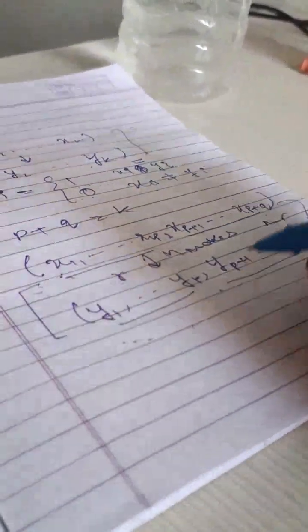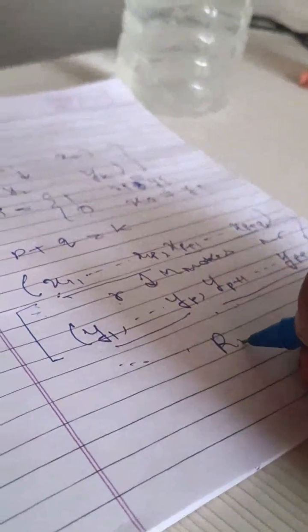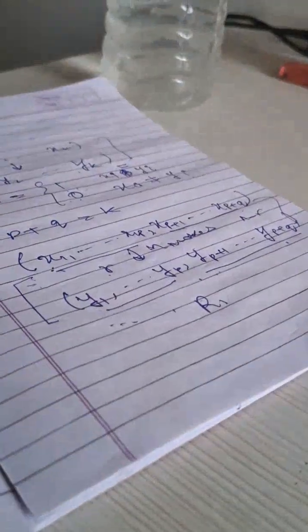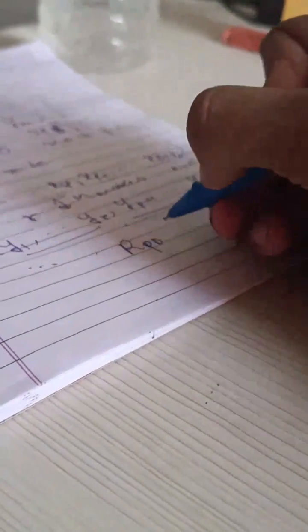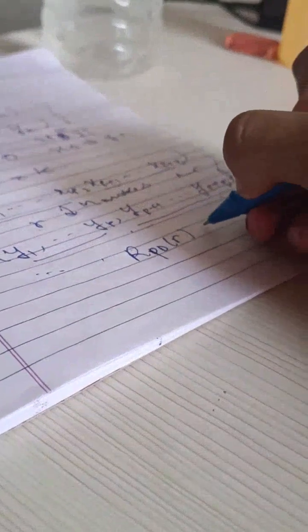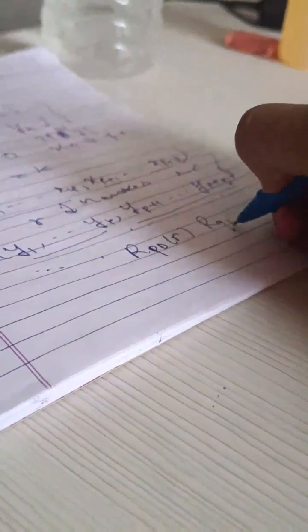In such a case, with a fixed sequence, you have Rpd of r and Rqd of n minus r such possibilities.